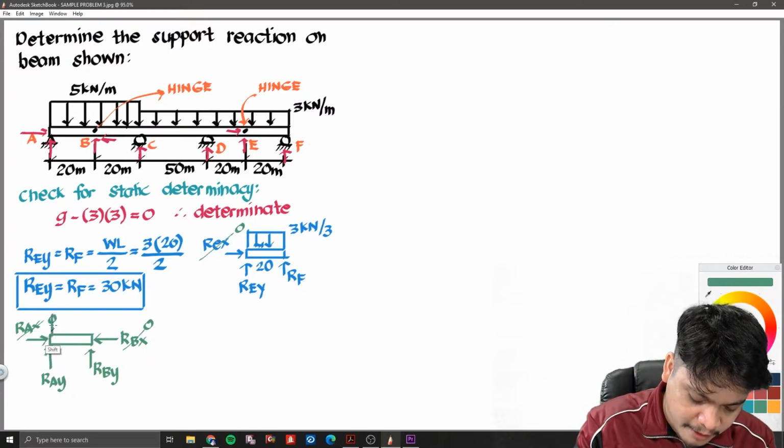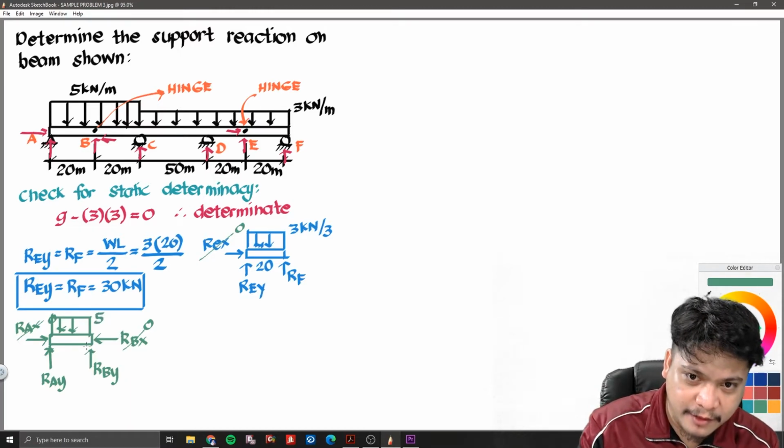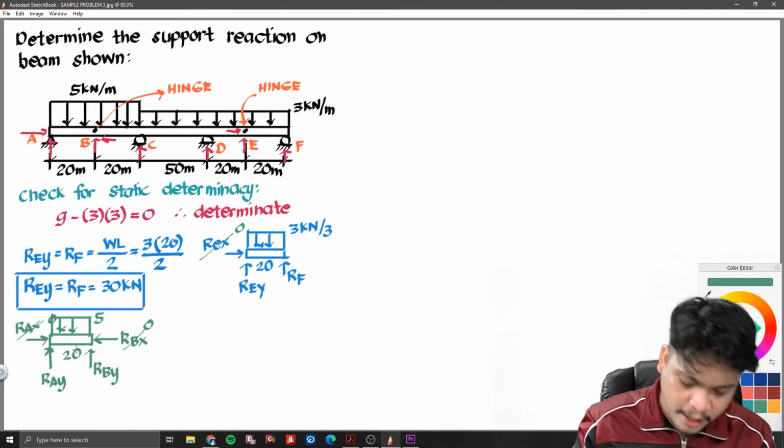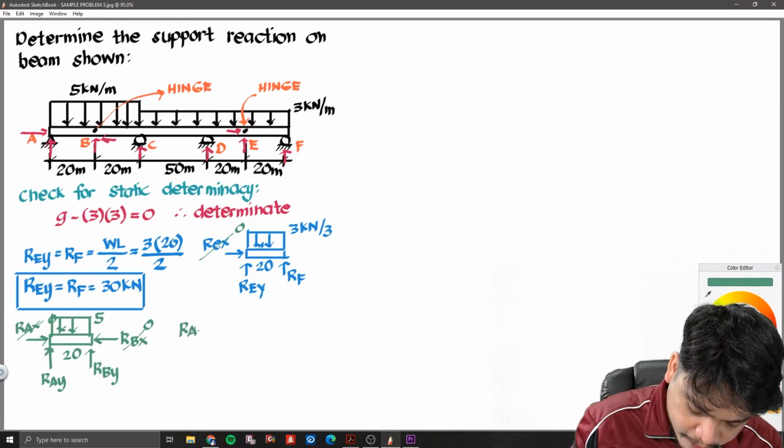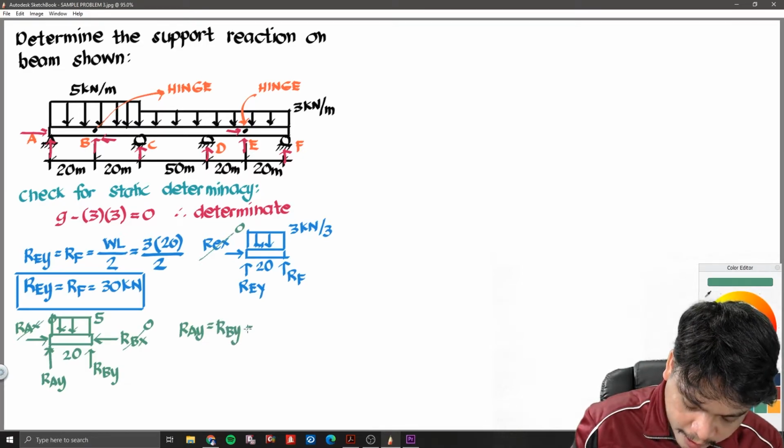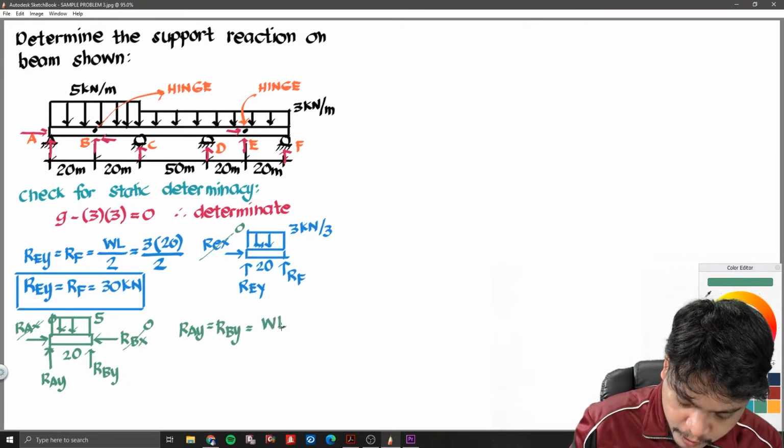And then this one, yung pinaka-load natin, that would be 5 kilonewton per meter at the length of around 20. Okay? So, ganun din. So, yung RAY natin would become equal to our RBY, and that would become equal to WL all over 2.